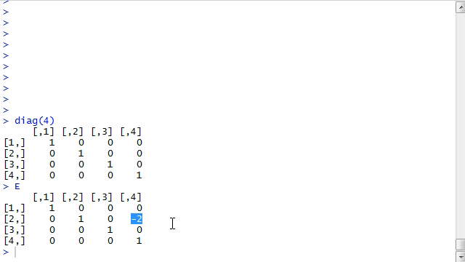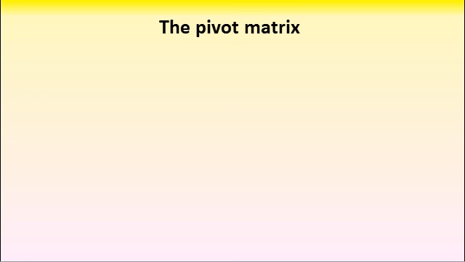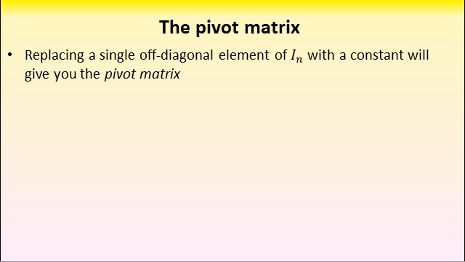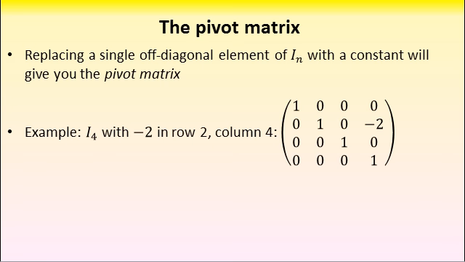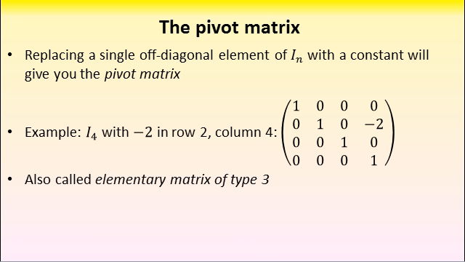To review, replacing a single off-diagonal element of the identity matrix with a constant, any constant, will give you the pivot matrix. And here's the example again. And the pivot matrix is called the elementary matrix of type 3, the final one.